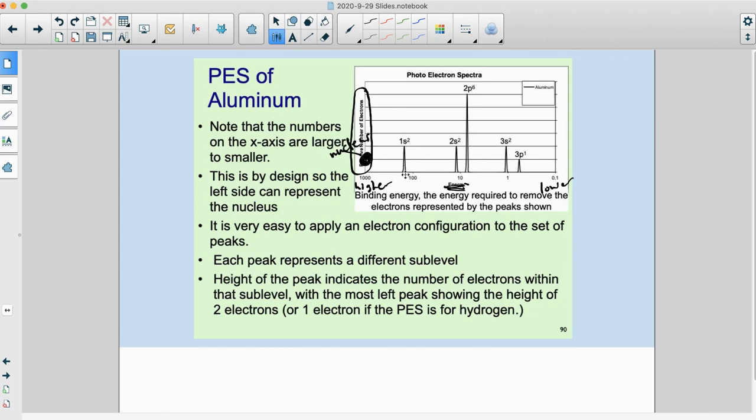Then 1s2 is right next to the nucleus, then 2s2, 2p6, 3s2, 3p1, and so forth. That's why they've made the x-axis, the energy, go from high to low. Each peak represents a different sublevel. The leftmost peak, if they tell you it's a full spectrum, is going to be 1s2, and then it continues based on the electron configuration of the element.